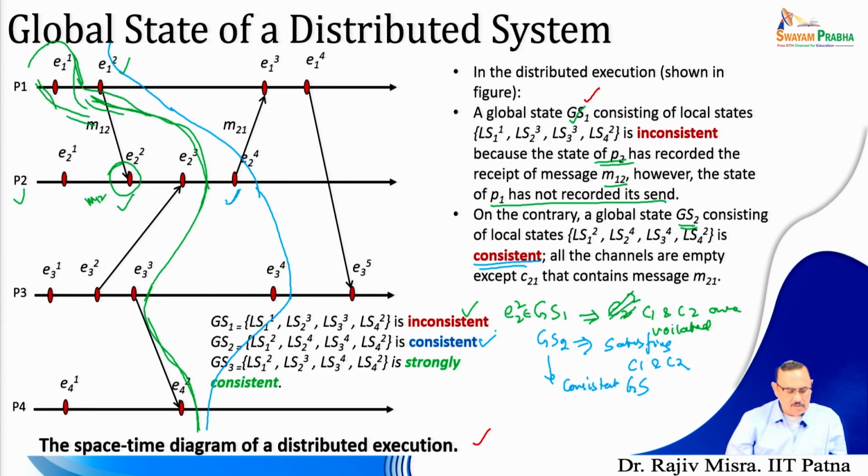Now, let us see about GS3. The GS3 state says LS12 and then LS23, then LS34 and then LS24.